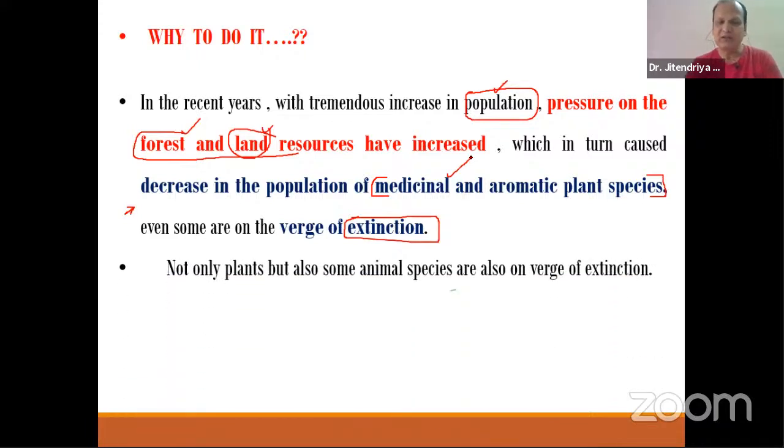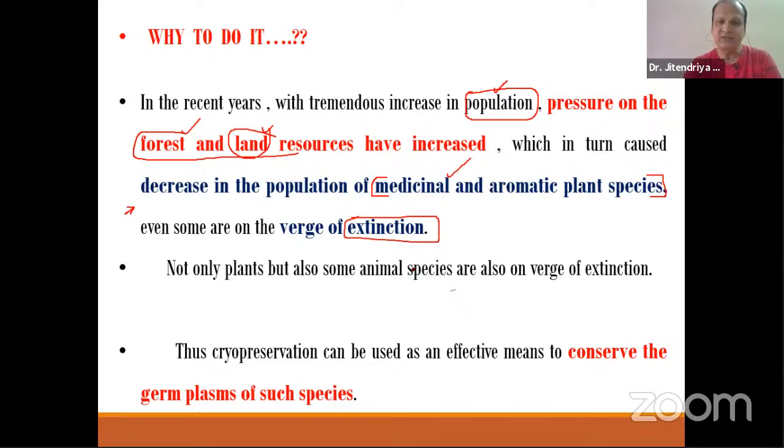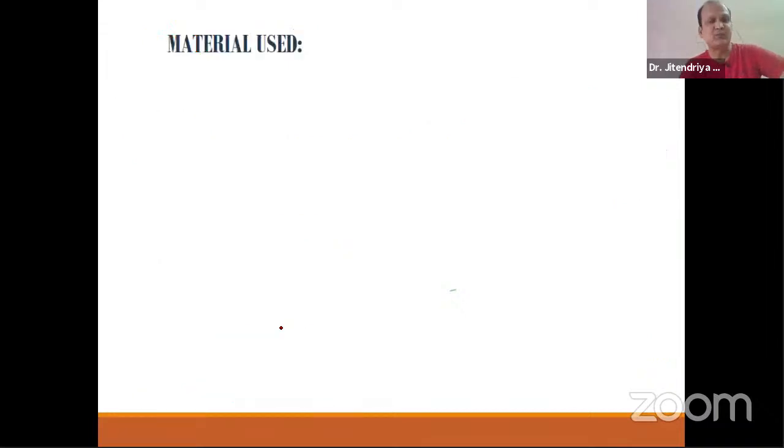Some animal species are also under the threat of extinction. To conserve this germplasm, whether animal or plant species, this technique, cryopreservation, is required. For this reason, cryopreservation is of utmost importance.